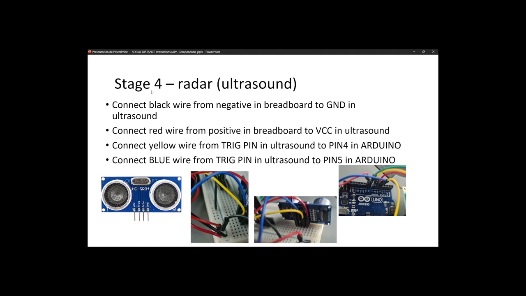Then with the jumping, it should be the same. We can see that the VCC, the red one, is coming to the red line. The black one is coming to the black wire, and the yellow and blue are connected with pin 4 for trigger and blue for the echo.